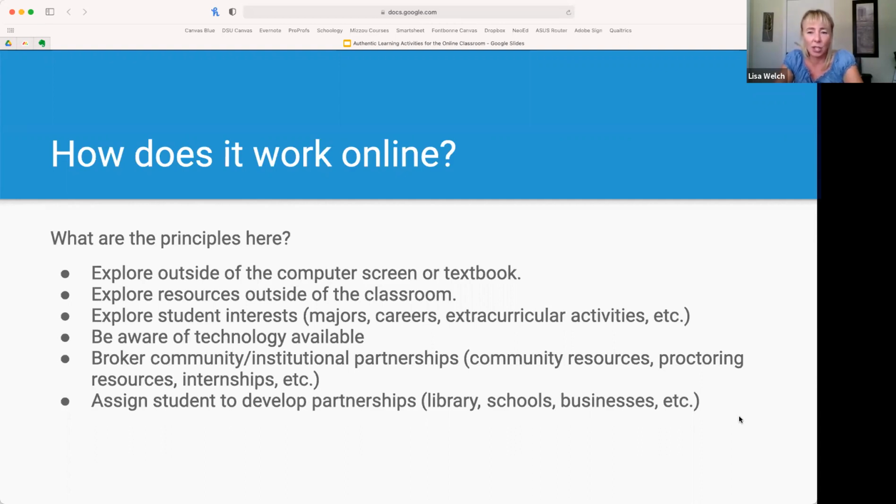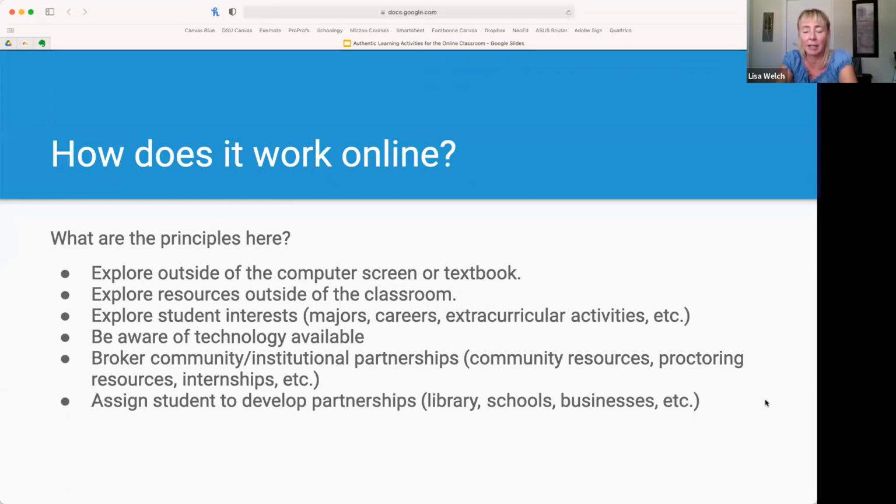Be aware of the technology that is available. You can also assist them in getting community internships and partnerships, giving them the tools they need to go look at the real world environment and create the interactions that they need, as Jordan was talking about in the Trailblazer Connections.